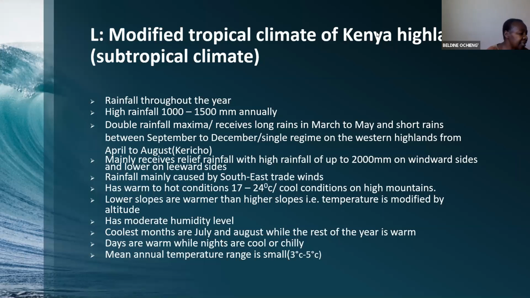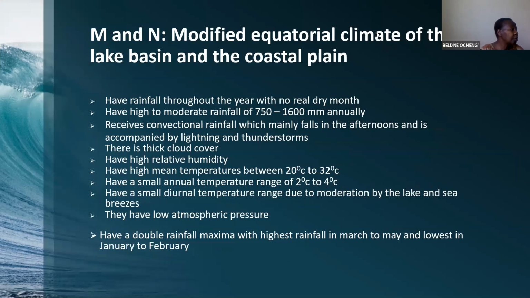Mean annual temperature range is small. 1 to 7, we call it small. So the mean annual, yearly range is between 3 to 5 degrees Celsius. So those are the characteristics.